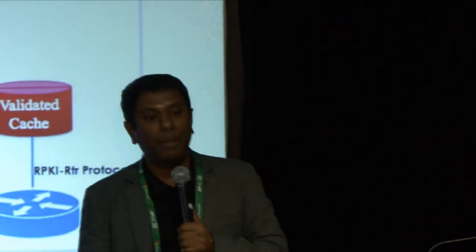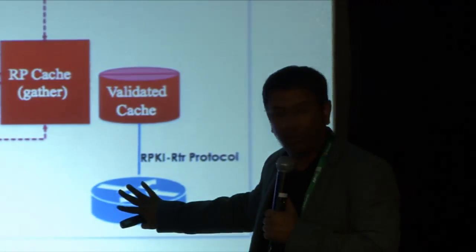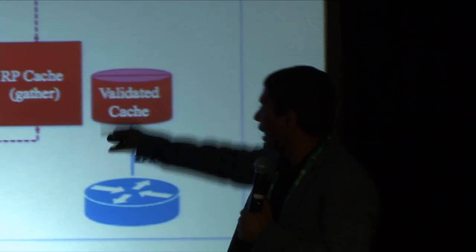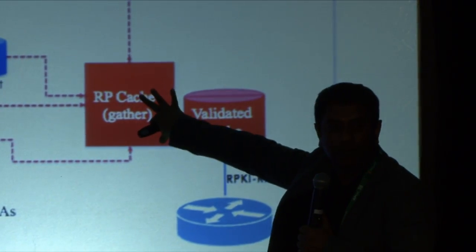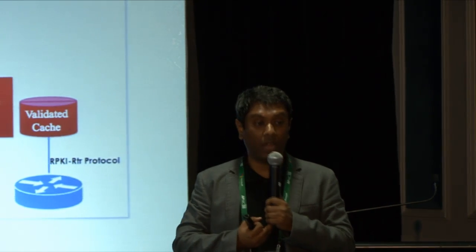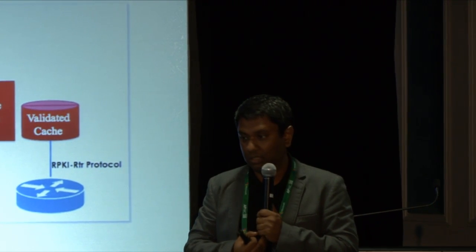So if you see that diagram, what is your job to implement RPKI? Your job is you need to have routers that support that RTR protocol with the right image. Then you need to have a cache somewhere. You can build your own cache, like the way we manage our own DNS server in our network, right? Same way in future, when you need to deploy RPKI, you can have your own cache in your network.